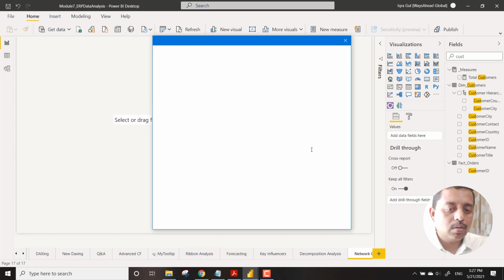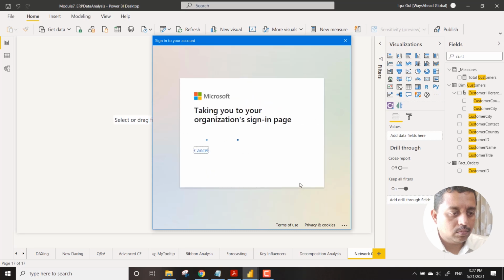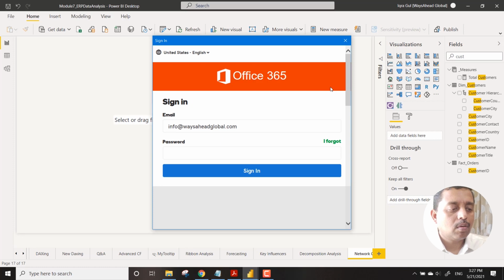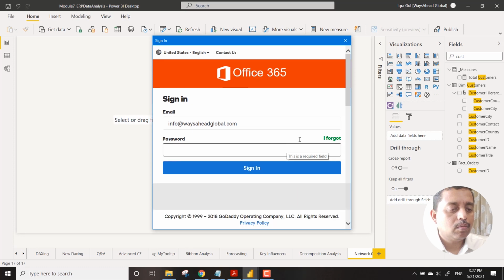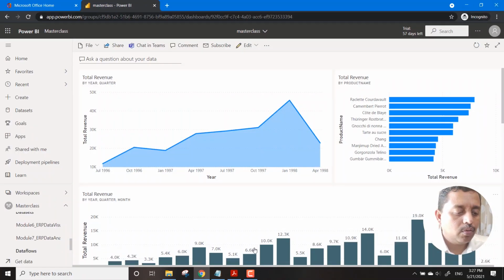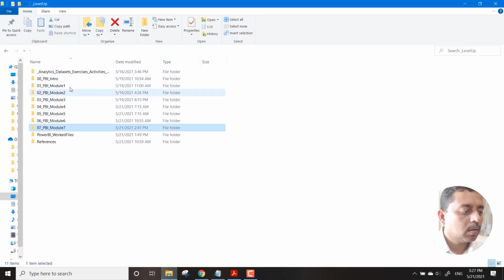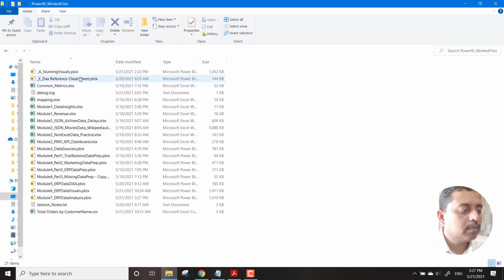So ideally it should just go directly. Maybe what we will do is we will have to come back to that particular worked files.